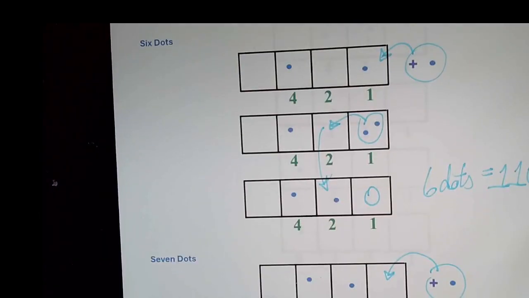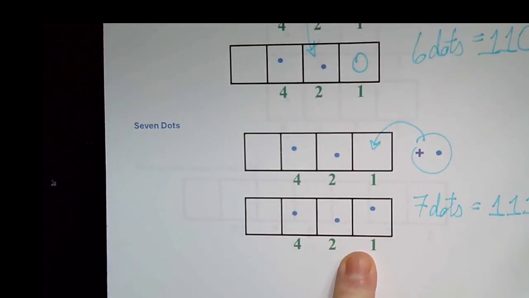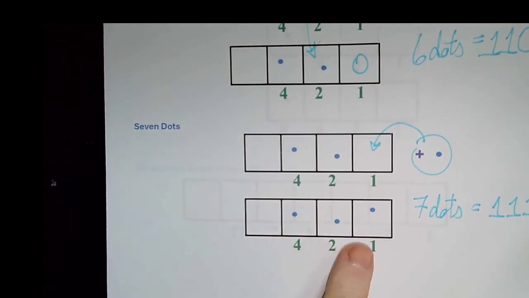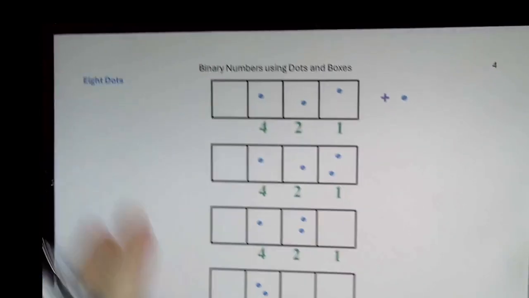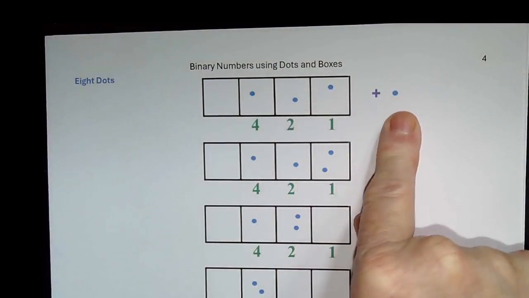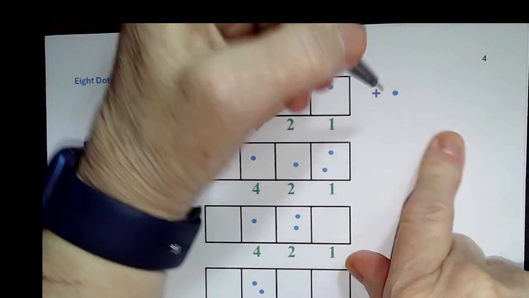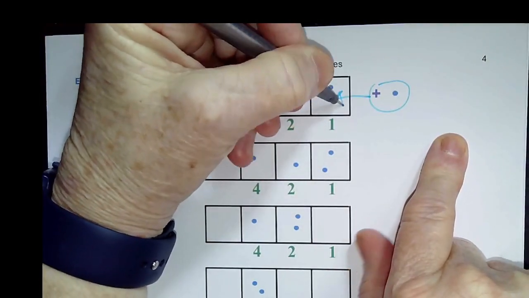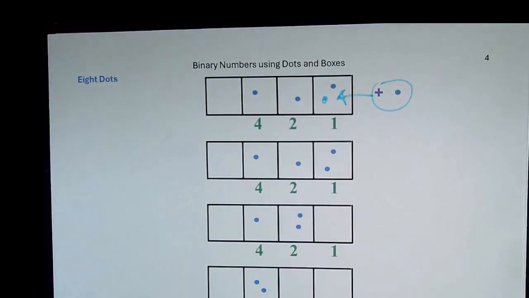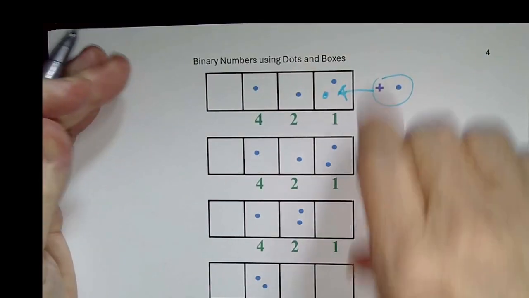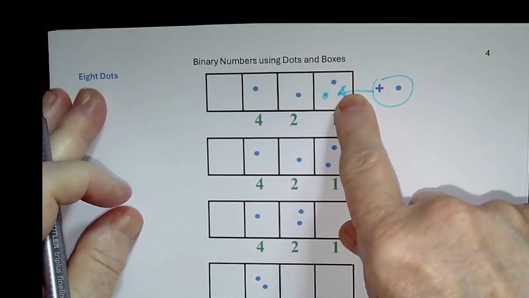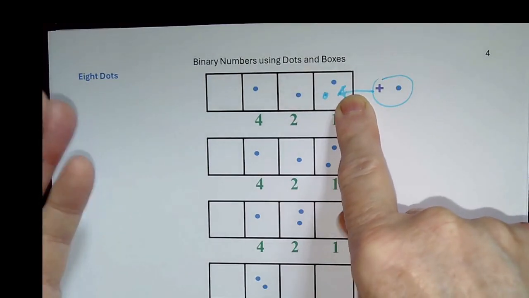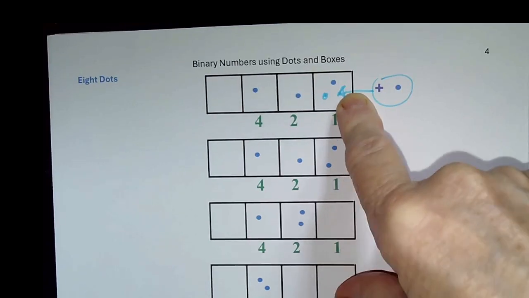We're going to, on the next step, start with 7 dots and add another. So we're going to start with 1, 1, 1. Okay, we've got 1, 1, 1, and we're adding another. And like we've said about a million times already, we cannot leave 2 dots in a single box if we're using the 1 to 2 rule.